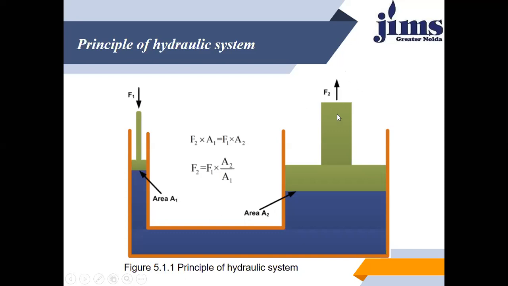The output is the force applied on the fluid multiplied by the ratio of the cross-sectional areas in the hydraulic system. So F2 is the force applied on the fluid at the smaller cylinder piston assembly, multiplied by the cross-sectional area ratio associated with it. Okay.